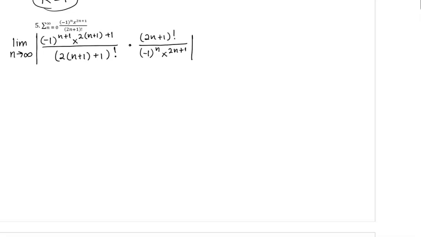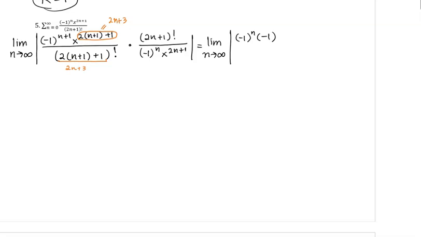I'm going to do some simplifying in here because we have, I'll break up the negative 1 to the n plus 1, which is just the negative 1 to the n times the negative 1. This exponent here, there's 2 times the quantity n plus 1, that's equal to 2n plus 3. Keep in mind that's the same thing down there. That's equal to 2n plus 3.